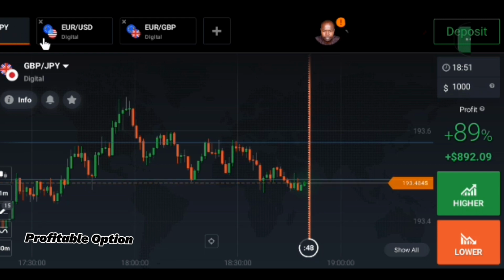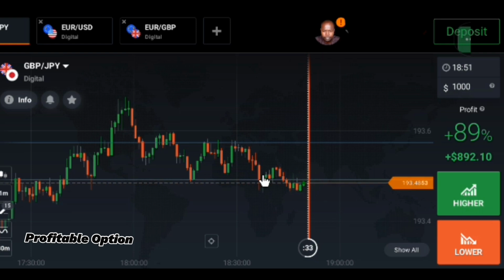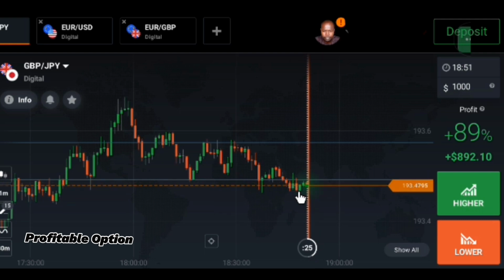Great Britain pound and Japanese yen. It has been on this support. It has been reversing from this support here. It broke out of here, came back and reversed, came back here and reversed, came back here and reversed, and here it's trying to break out of this support area, but let's see, because it has not really broken out completely.